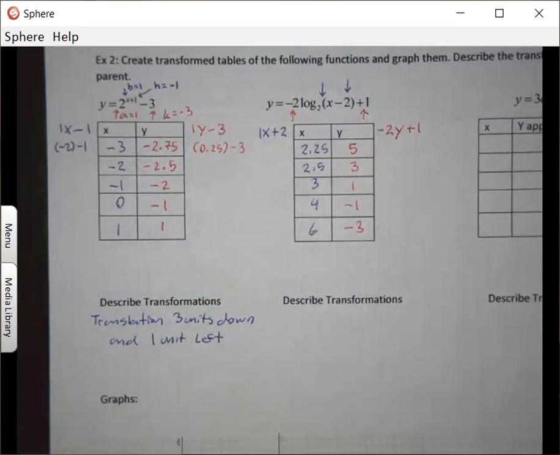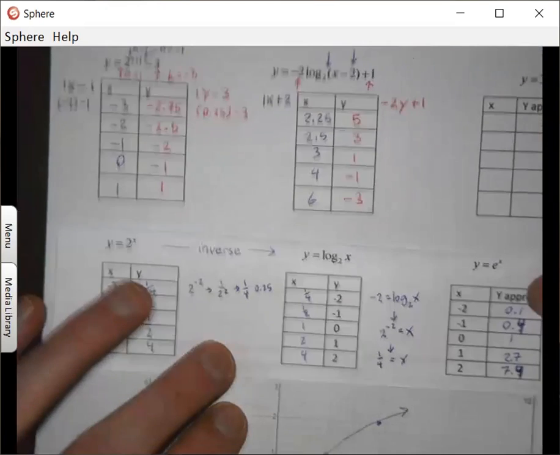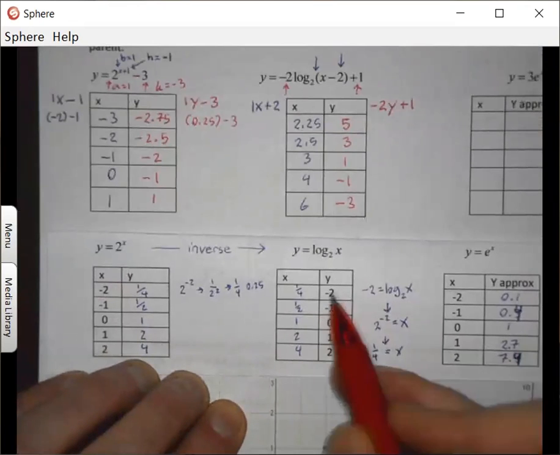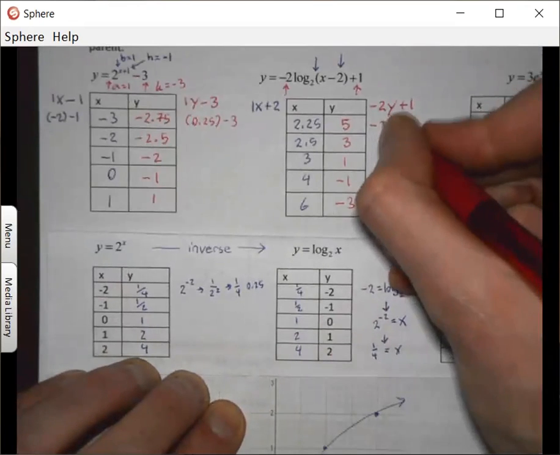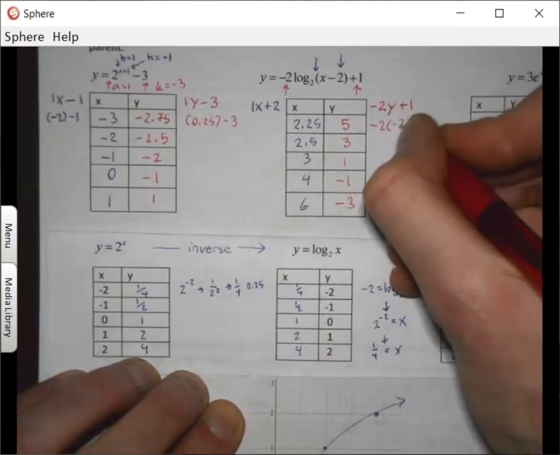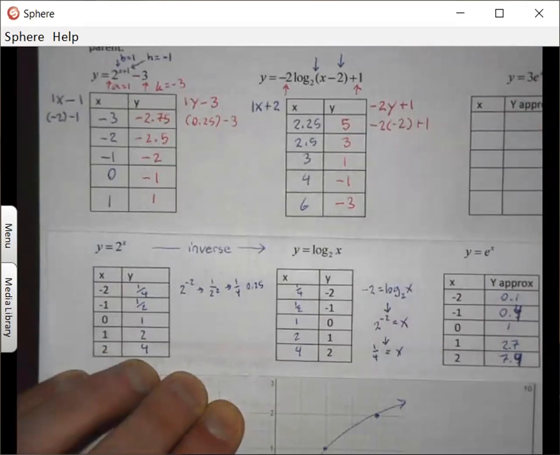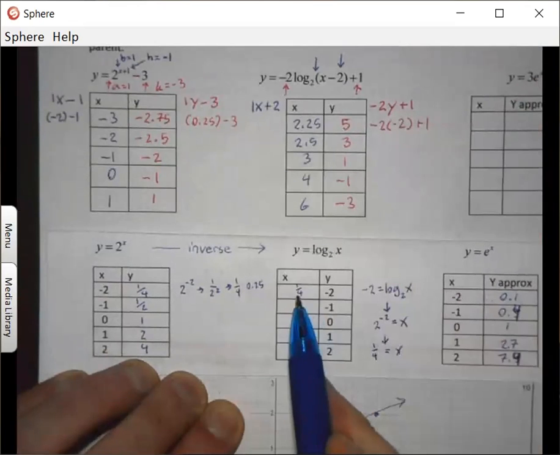And again, I'm just using the parent that we made last time and plugging in the values. So for example, this was 2 times -2 plus 1. And this was 1/4 plus 2.